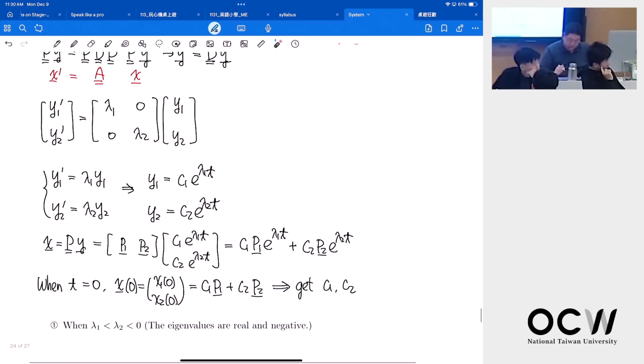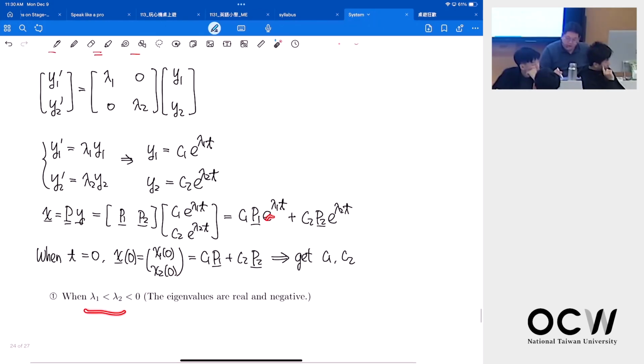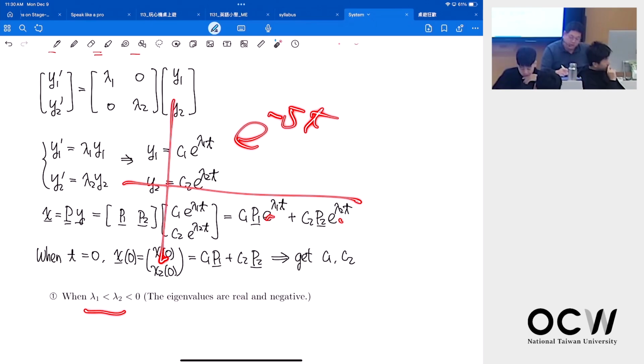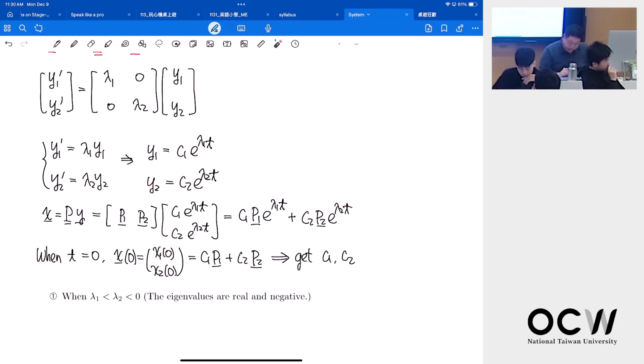First, when lambda 1 and lambda 2 are less than 0, e to the minus 5t, we can definitely expect they're going to 0. Also, these eigenvalues are real, negative, and different.